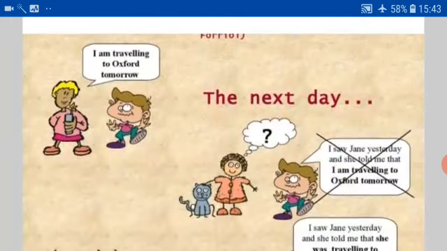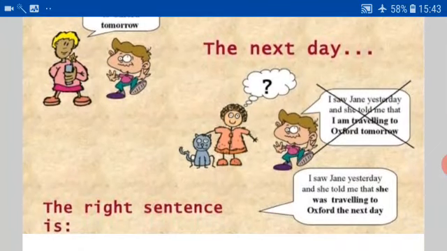Next example, someone is discussing here, "I am traveling to Oxford tomorrow." The next day, they have to tell this sentence like this: I saw Jenny yesterday and she told me that I am traveling to Oxford tomorrow. No, it's a wrong sentence.